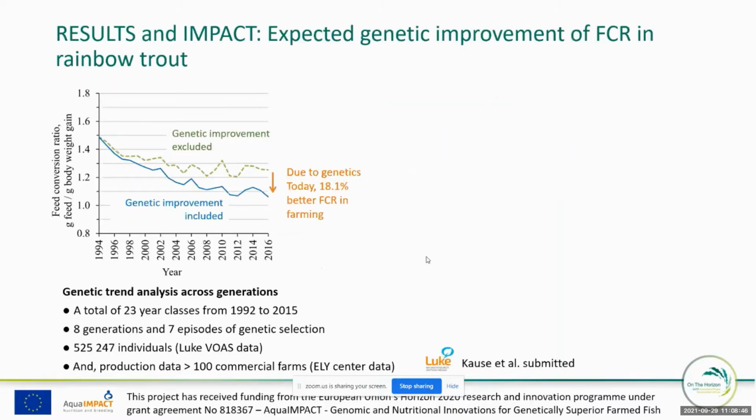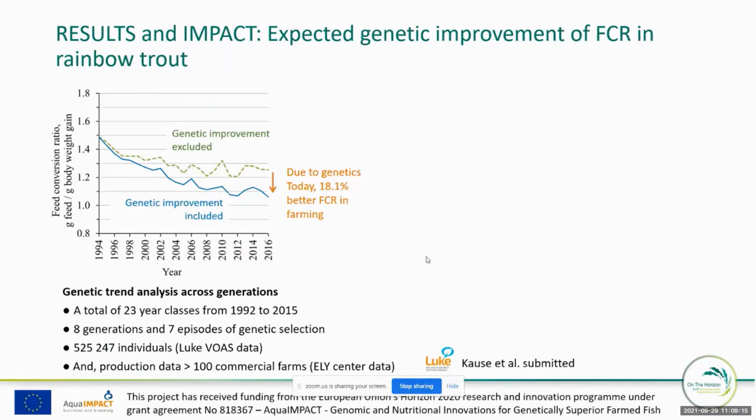This slide shows the expected genetic improvement of FCR in rainbow trout in the Finnish national breeding program for rainbow trout. Starting from the year 94, the graph shows with the green line the FCR at commercial farms when the genetic improvement in FCR is excluded from the values.